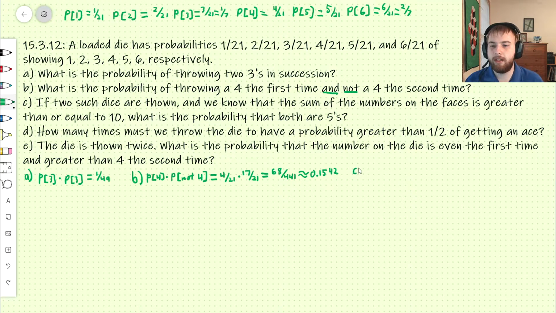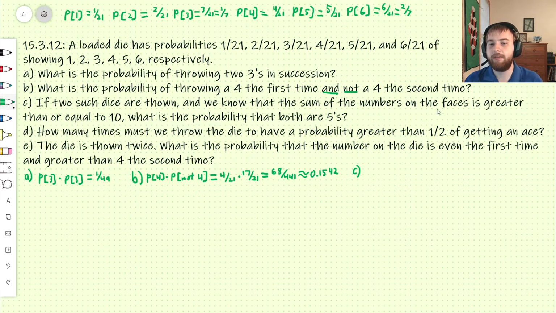Continuing on with part C. If 2 such dice are thrown, and we know that the sum of the numbers on the faces is greater than or equal to 10, what is the probability that both are 5s? This is kind of a weird problem to parse out, the fact that we're going into this probability knowing something.